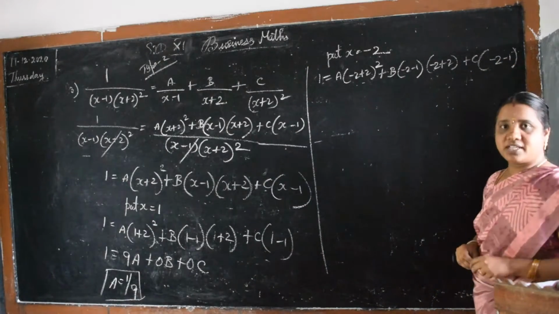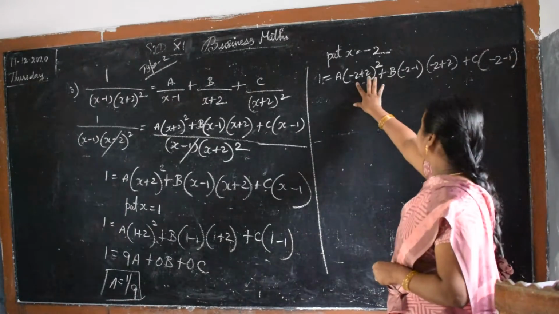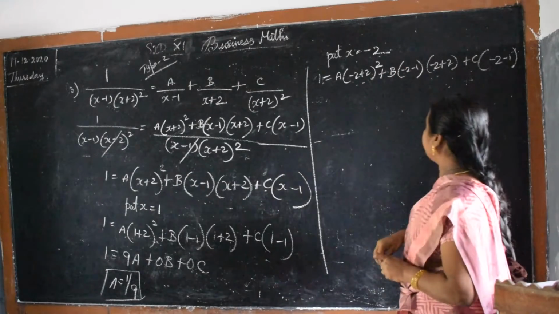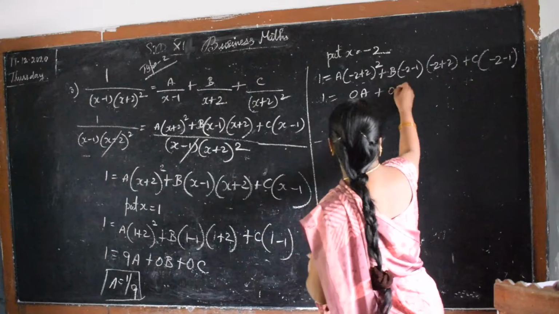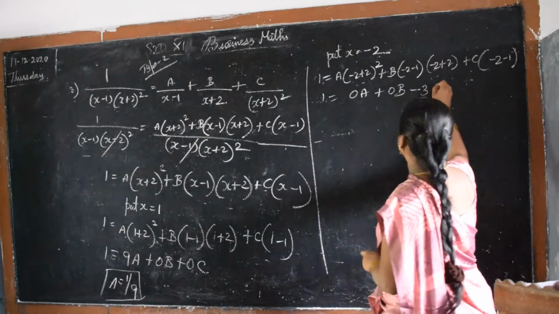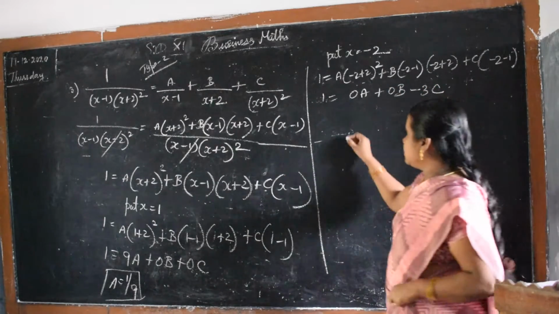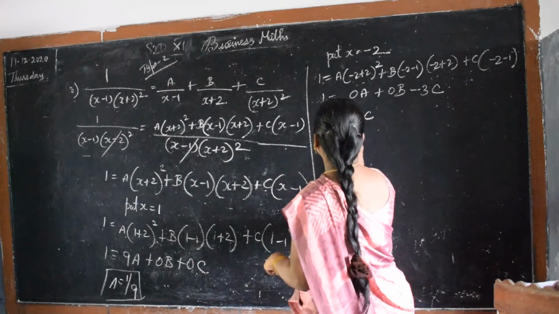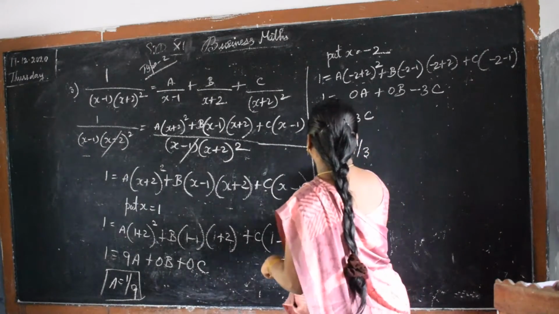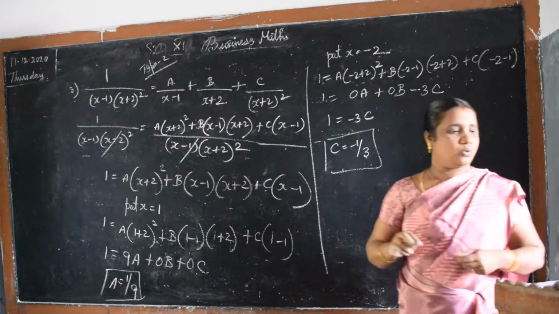Now you simplify this. Here you get 0, a also 0, b will also become 0. So 0a plus 0b minus 3c. Okay, children. So 1 is equal to minus 3c. C is equal to minus 1 by 3. This is the value of c.